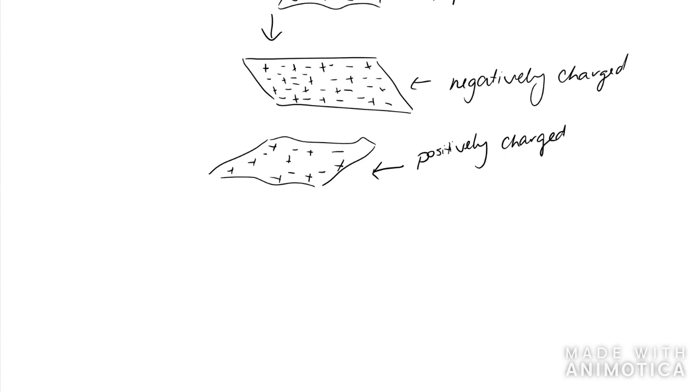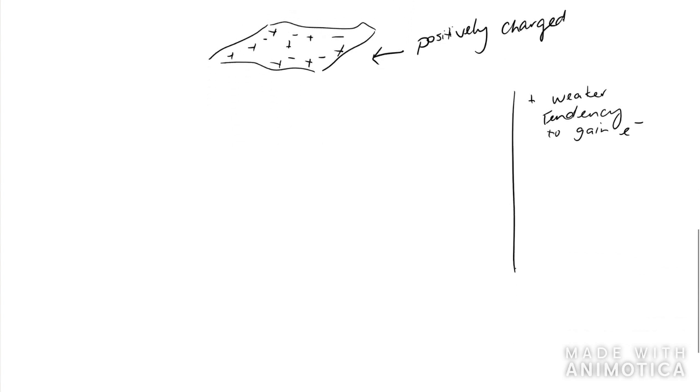So human skin is at the top. So if we have our plus for weaker, and near the bottom we have our minus because this is our stronger tendency.